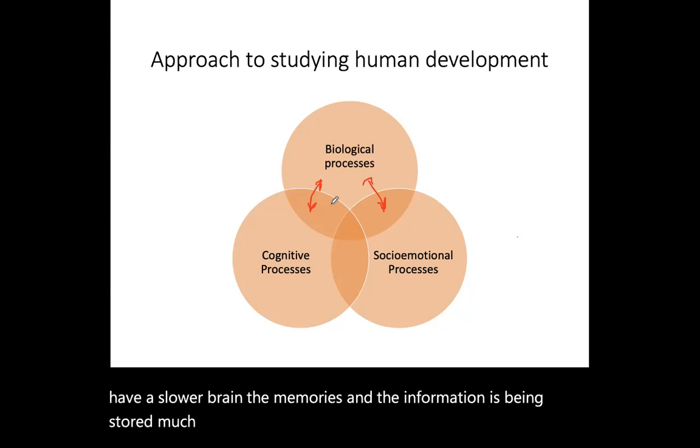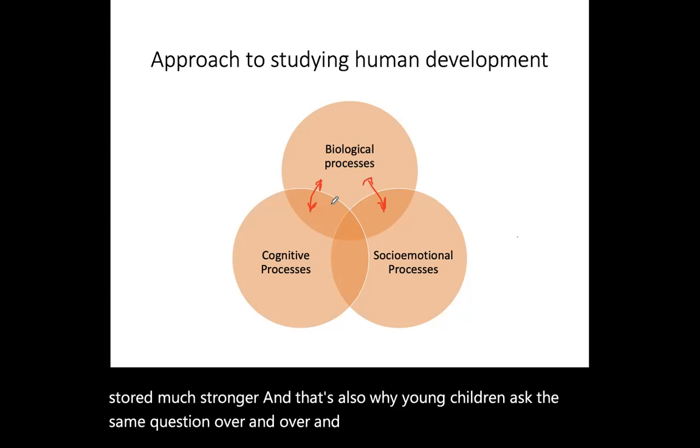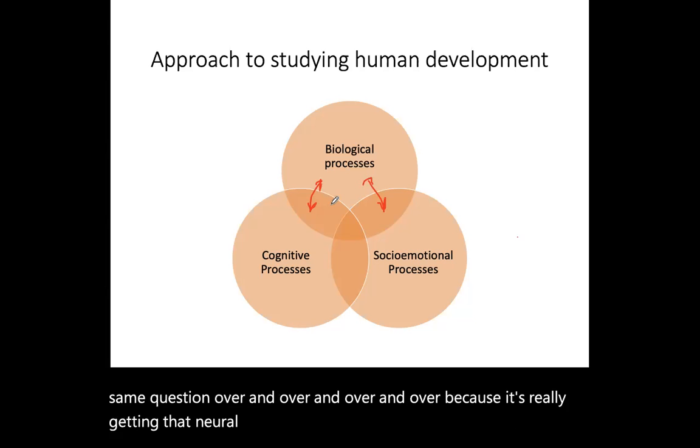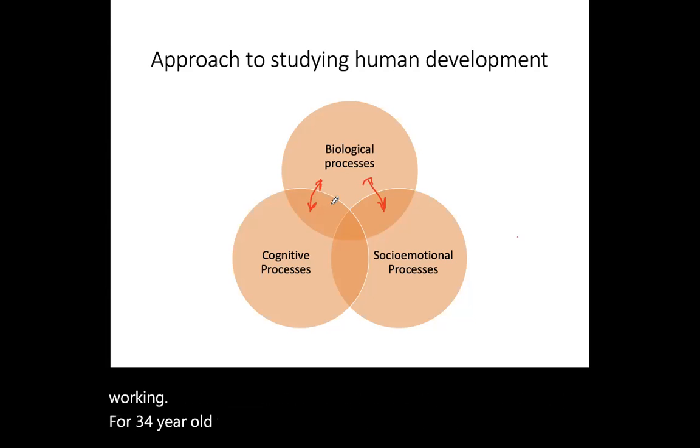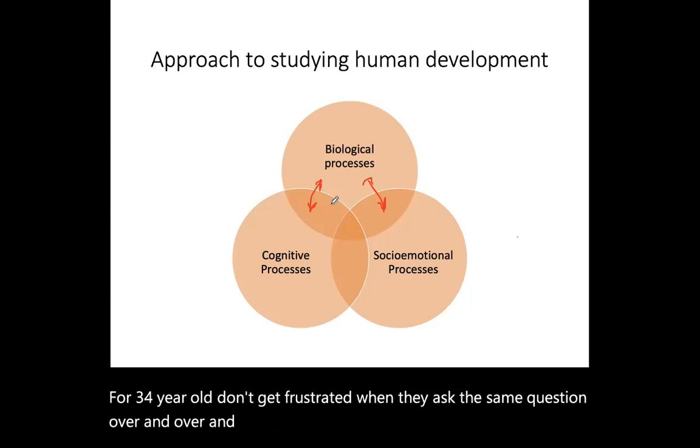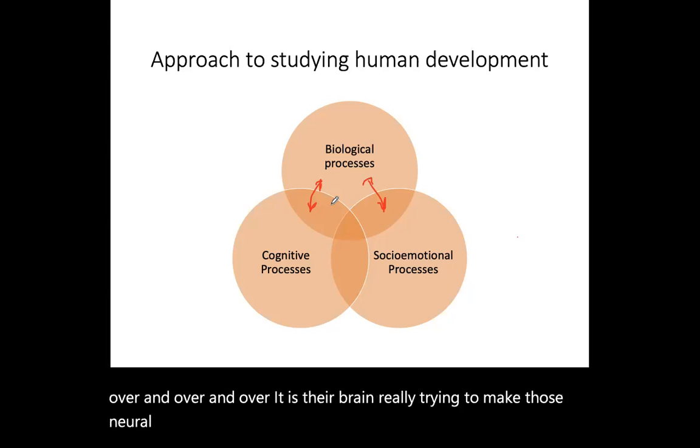And that's also why young children ask the same question over and over again, because it's really getting that neural connection to occur. And so when you are working with a 3-4-year-old, don't get frustrated when they ask the same question over and over. It is their brain really trying to make those neural connections necessary.